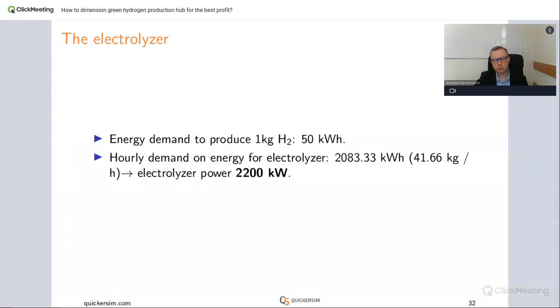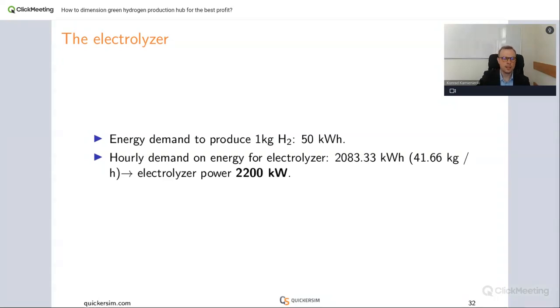So if I want to produce a little over 40 kilograms of hydrogen hourly, the energy needed for that is a little more than 2 megawatt hours. So the power of my electrolyzer will be 2.2 megawatts. That should enable me the assumed production of hydrogen.